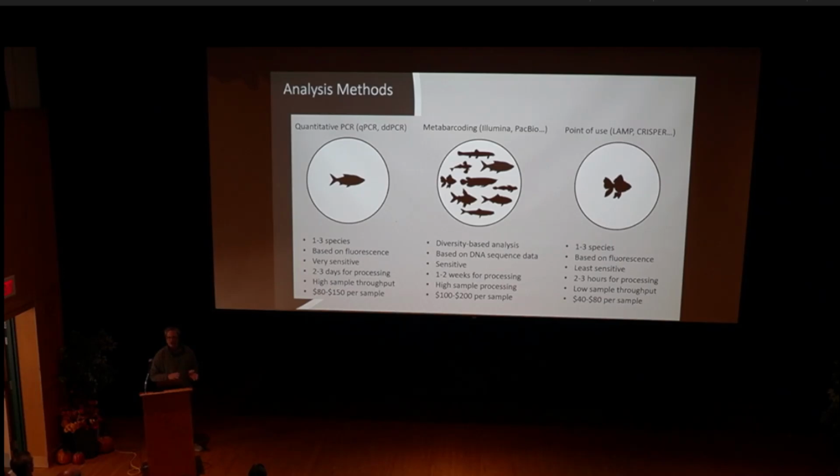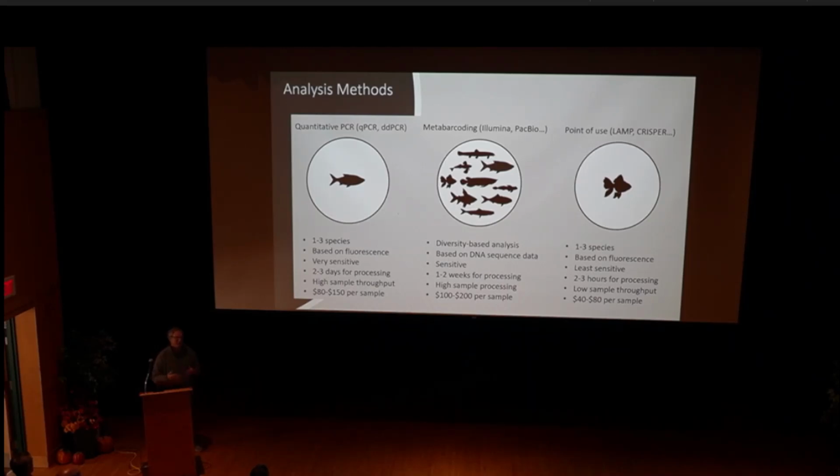There's quantitative PCR, which you'll hear referred to as qPCR, dPCR, digital PCR. They're all kind of the same thing. The difference is subtle enough. Won't go into it here. Then there's metabarcoding. So metabarcoding is a sequence-based system, and you'll hear that referred to as Illumina, PacBio, next generation sequencing, high throughput sequencing.